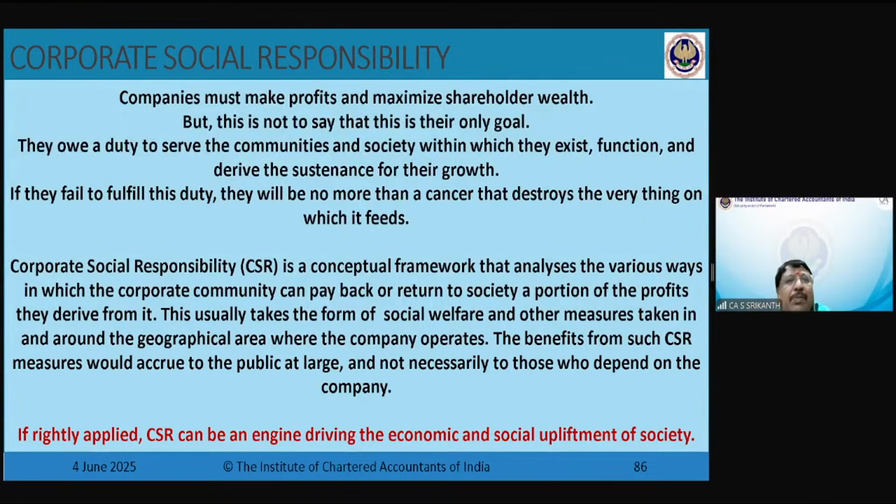So a company has to be transparent to everybody and provide information, not just to the shareholders, but to everybody: the employees, the workers, the government, the society around it, for example, the local panchayat. They need to be transparent to the bankers who lend money, the depositors, the debenture holders, you name it.